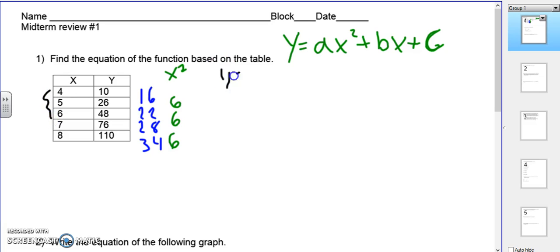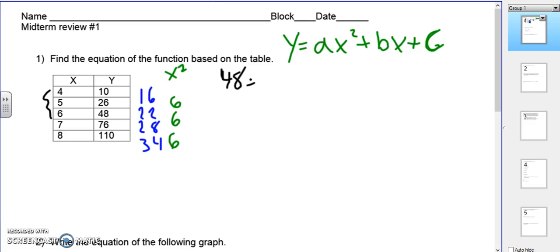I'm going to do the 48 first. So 48 equals 6 squared a, because remember we're plugging in for x, plus 6b plus c. So here, I'm going to erase that, make it a little simpler.